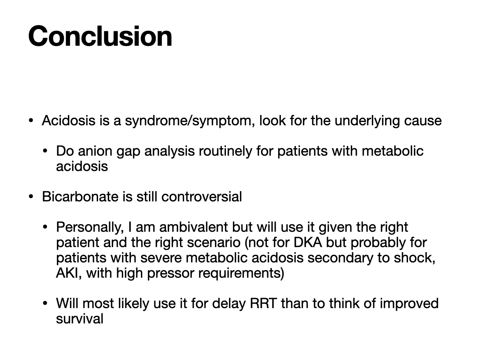So what we should do is vehemently look for the underlying cause, whether it be DKA, or shock, septic, cardiogenic, etc. What we can do as intensivists is do an anion gap analysis routinely for patients with metabolic acidosis. You can either use an anion gap coupled with a delta analysis, a gap-to-gap analysis, to try and figure out what is driving this acidosis.